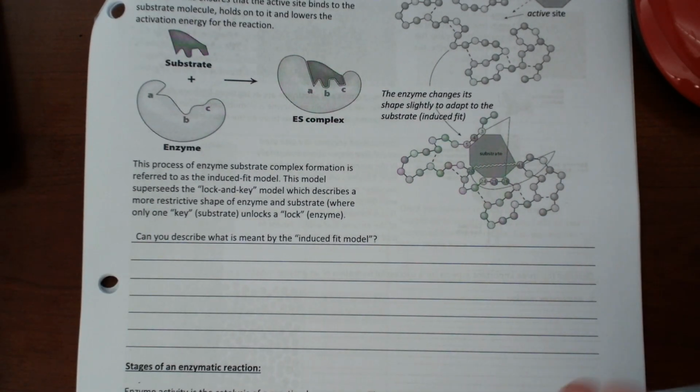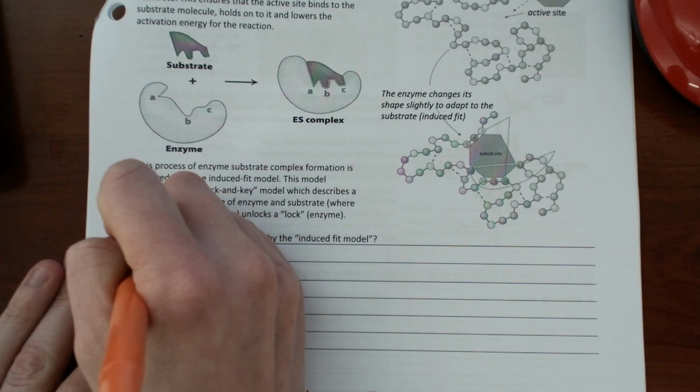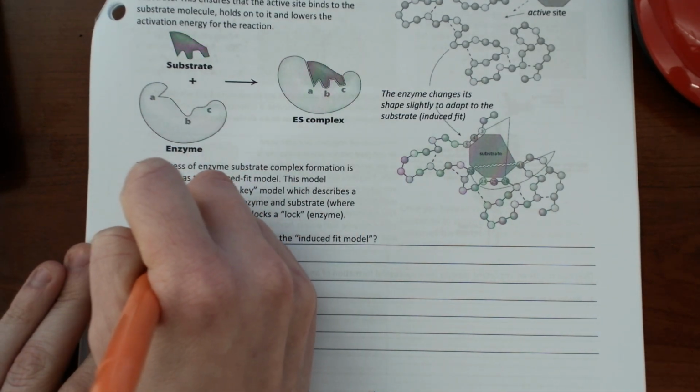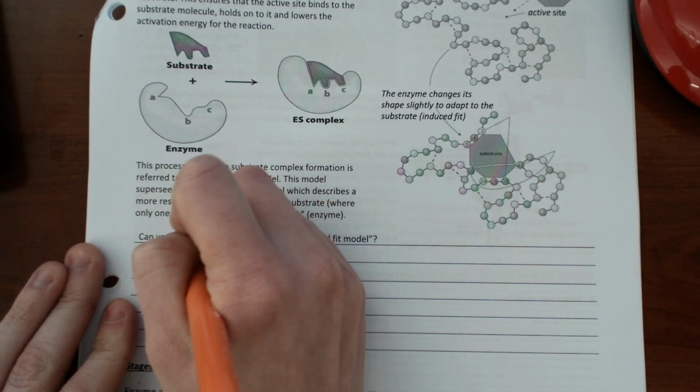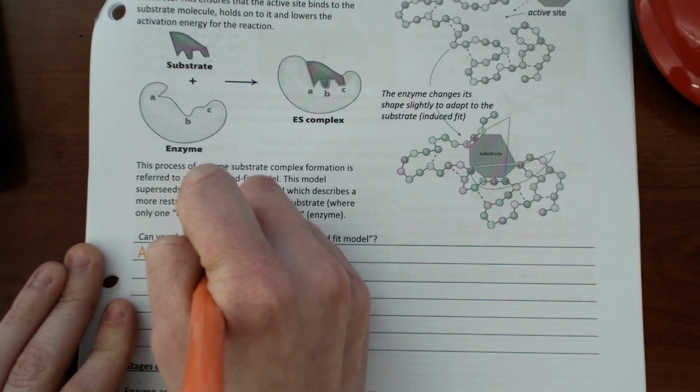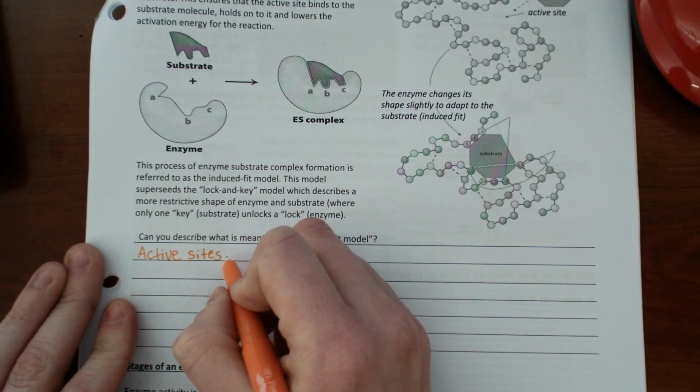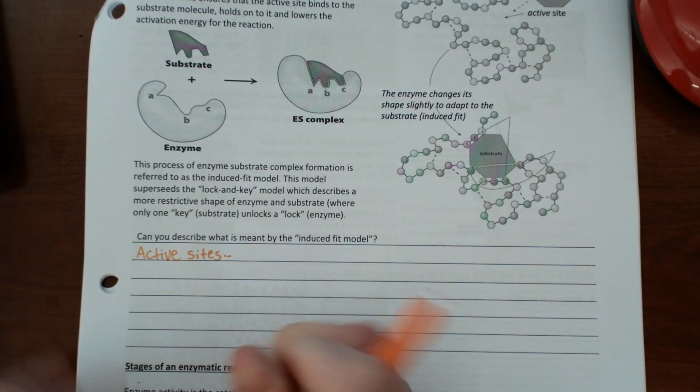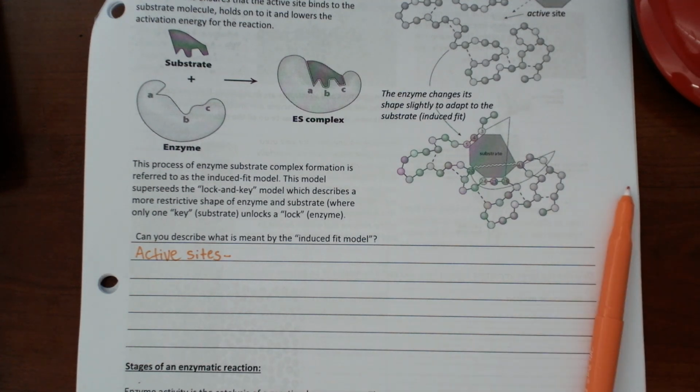And so we'll make the active site orange. Your active sites are only determined by a few amino acids.